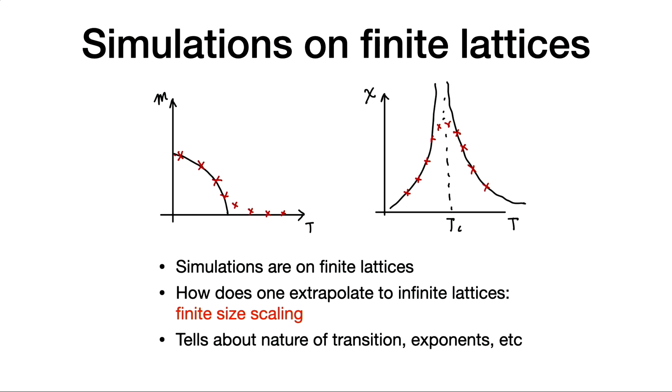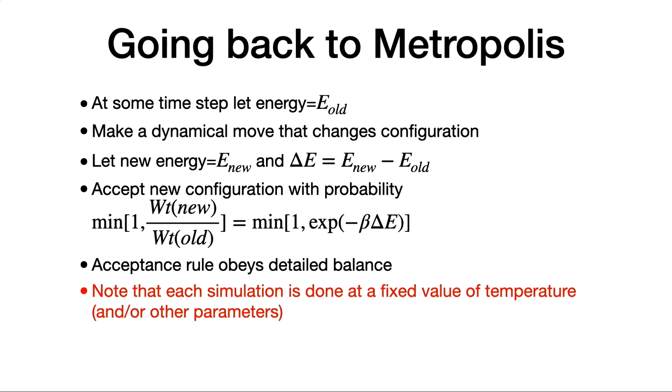And similarly here, there's a divergence for some quantity, but your simulation, the red dots, will have some difference. So you'll have to figure out how to go from simulating finite system sizes to infinite system sizes, how to do some extrapolation and so on. Okay, so now coming back.